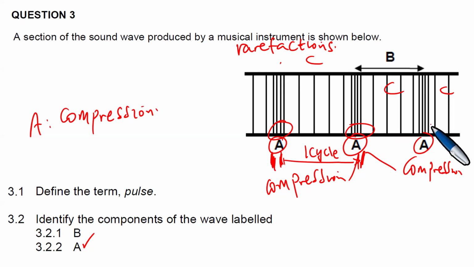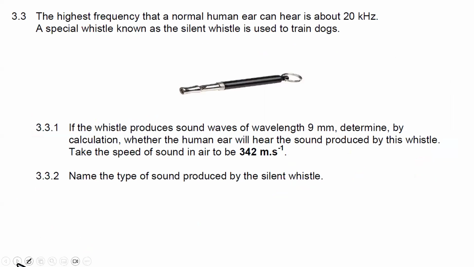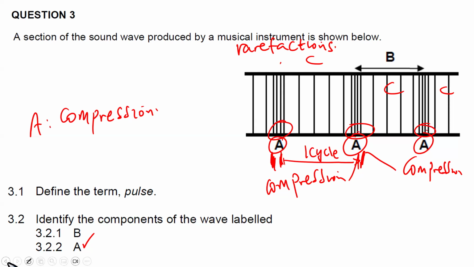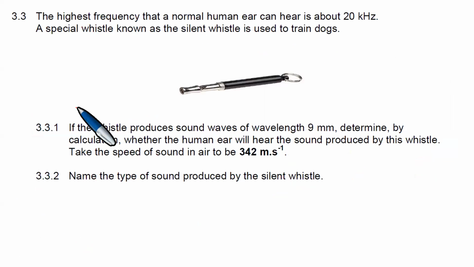Between here and there we measure a full cycle as well. Take note of that. That was 3.2. So that's the compression A, and obviously B is called the wavelength. Let's move to the next one.